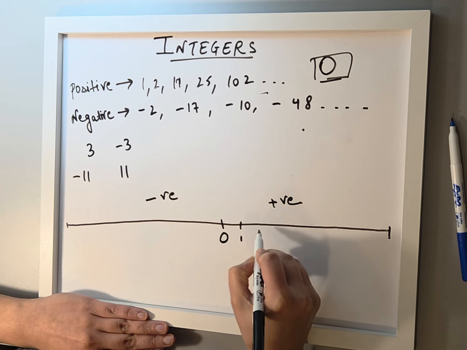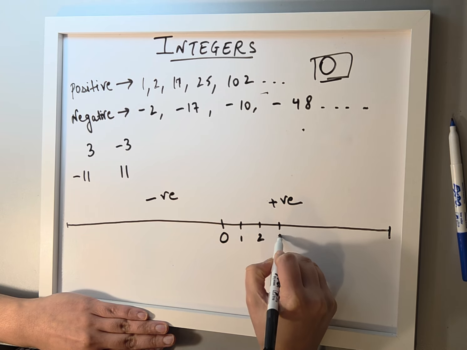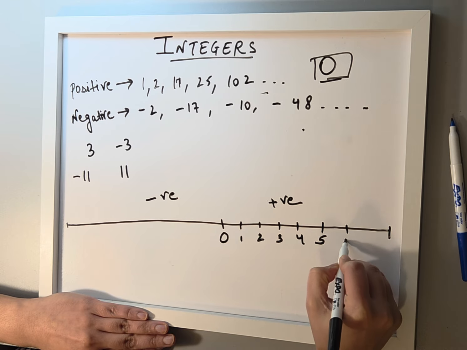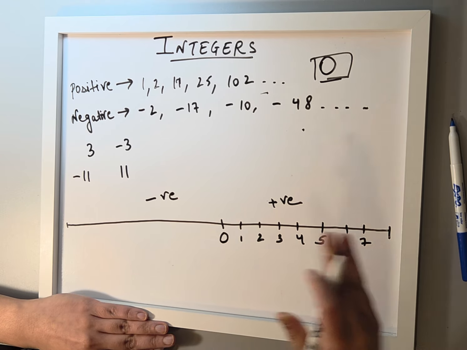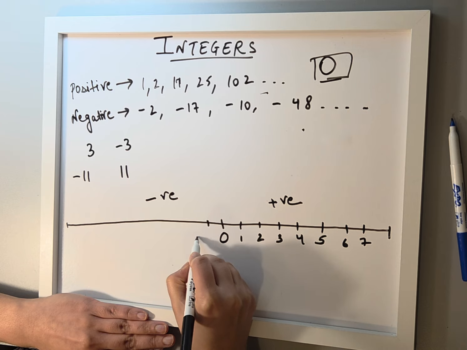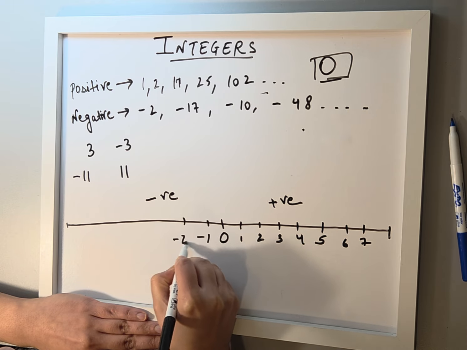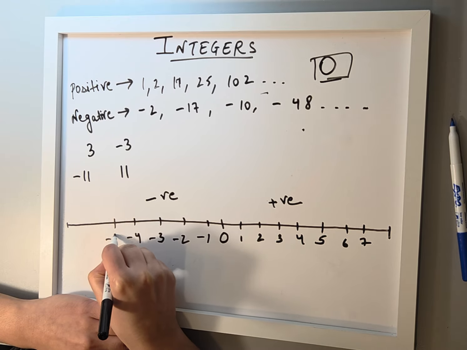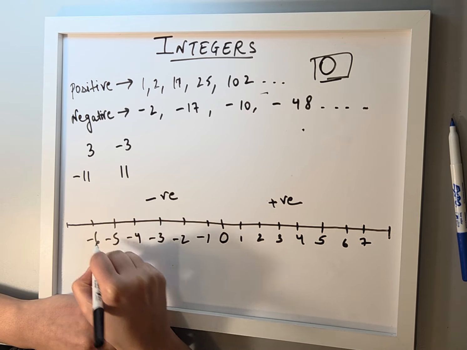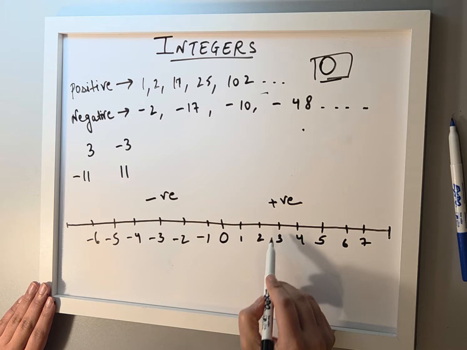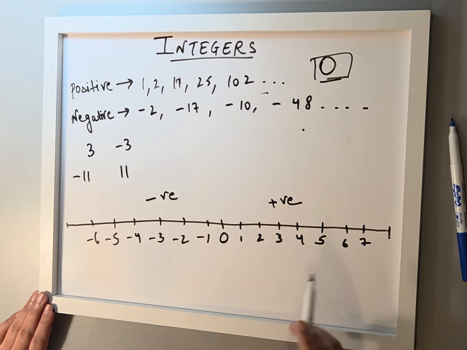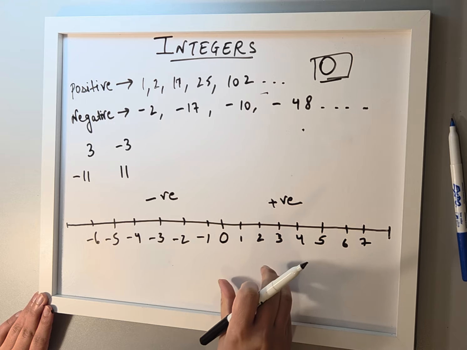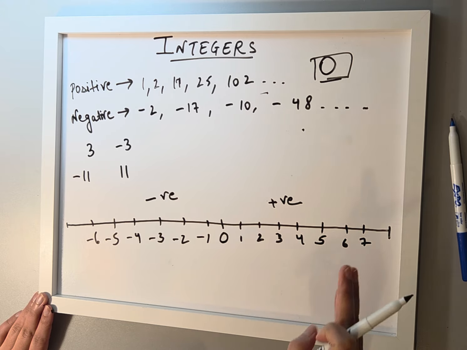So we can say 1, 2, 3, 4, 5, 6, 7, and we can go on. Similarly here, minus 1, minus 2, minus 3, minus 4, minus 5, minus 6. In positive numbers we know as the numbers increase, the value increases, the numbers are greater.